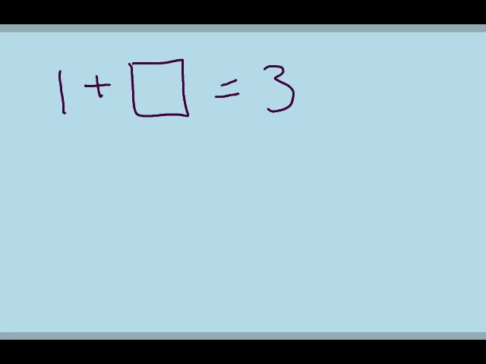As a first grader, you probably weren't thinking, my teacher put up a variable equation and I'm trying to solve for the variable box. You were probably just thinking, what do I put in the box so that they add up to 3? Of course, you all raised your hands because in first grade everyone raises their hand, and you all knew that it was 2.